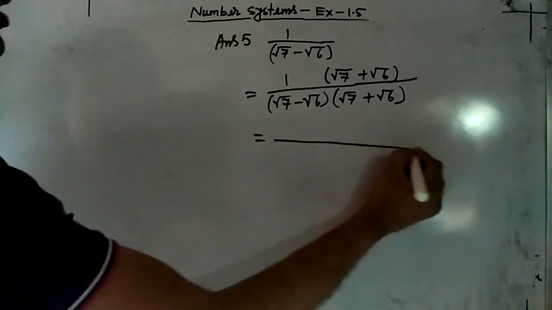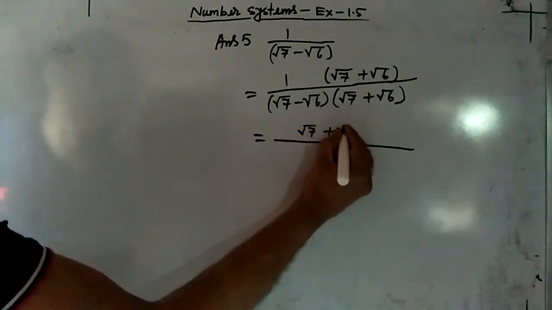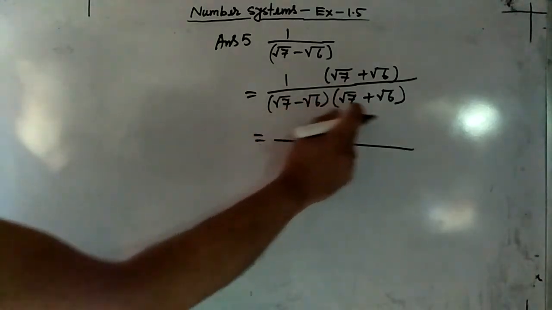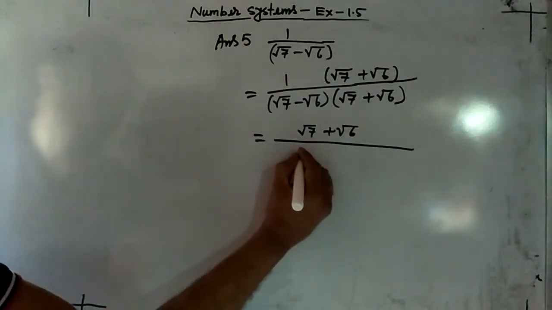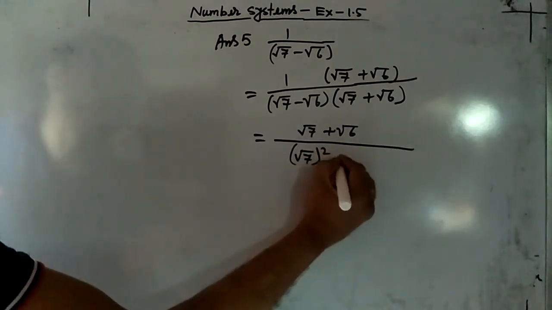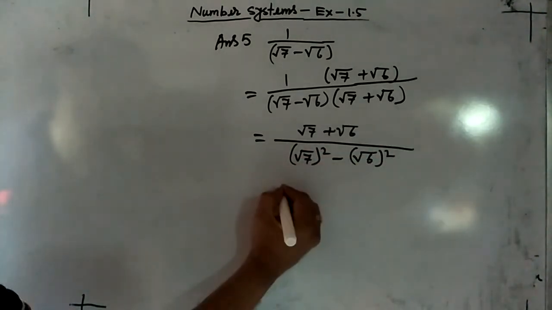Now in the numerator we are getting root 7 plus root 6, and the denominator is a minus b into a plus b. If we multiply these two terms, then you can use the identity: root 7 square minus root 6 square, a square minus b square.